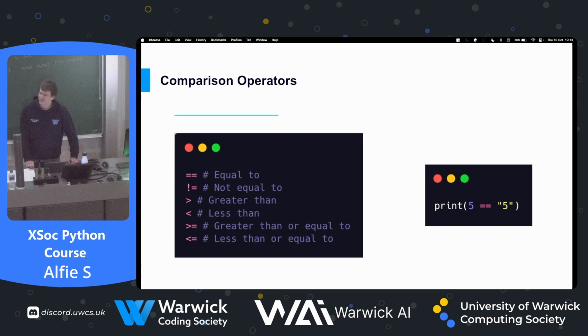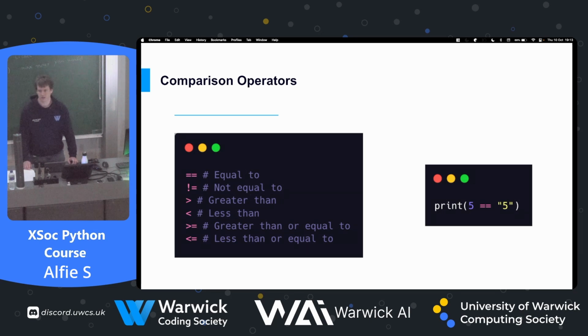Whilst they are the same value, you'll see that one is in quotation marks and one is not. So one is an integer and one is a string. And although they represent the same information of 5, the types are important. So the comparison checks will take into account the type. Sometimes you can compare across types nicely.